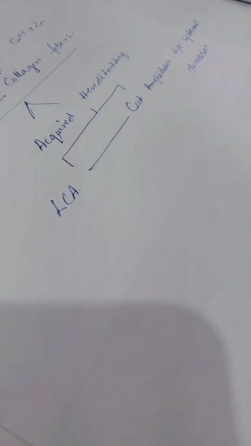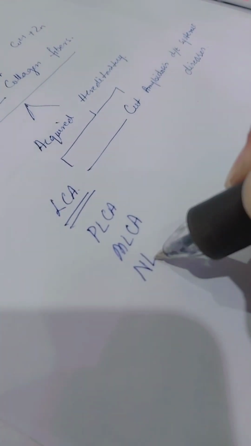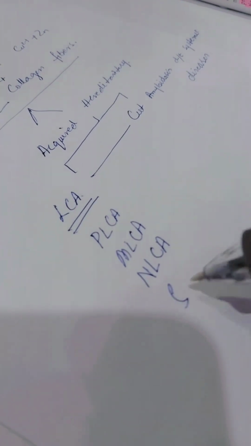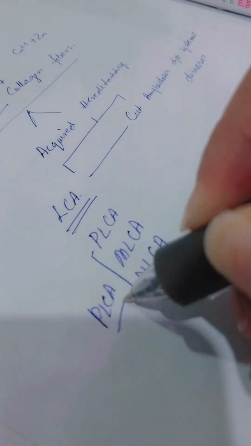Now we are going to discuss it further. In localized cutaneous amyloidosis, there are papular, macular, nodular, and secondary localized cutaneous amyloidosis. The first three are part of primary localized, and this is secondary localized.